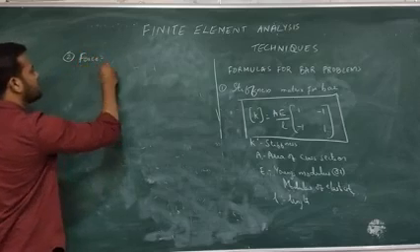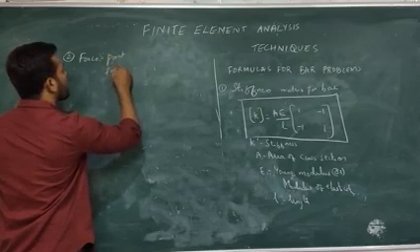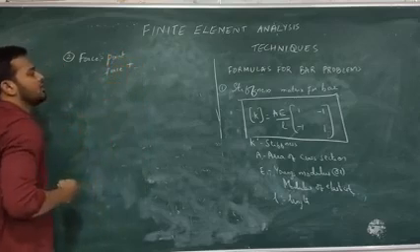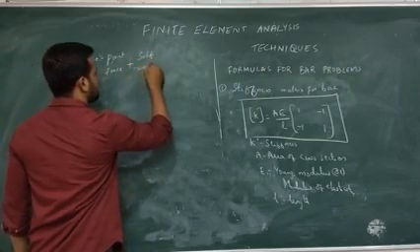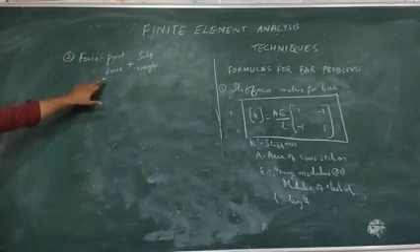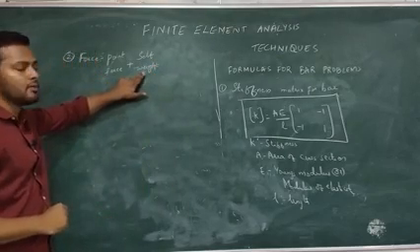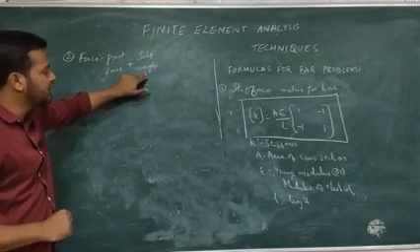So you can have a point force. Next is self weight of the member, because weight is also a force because of gravity. So there is also a weight force.